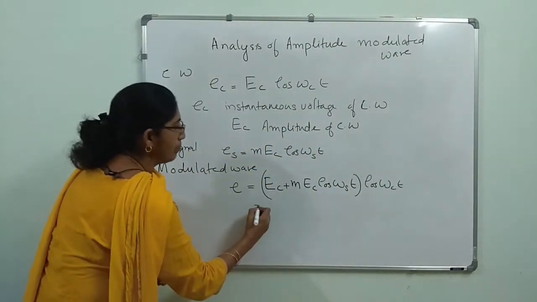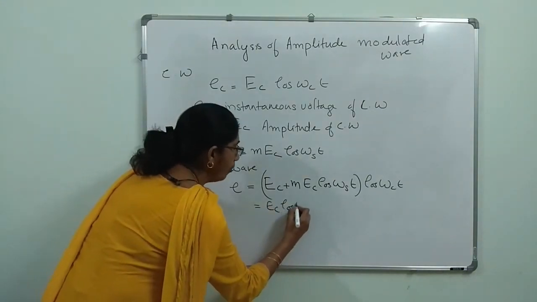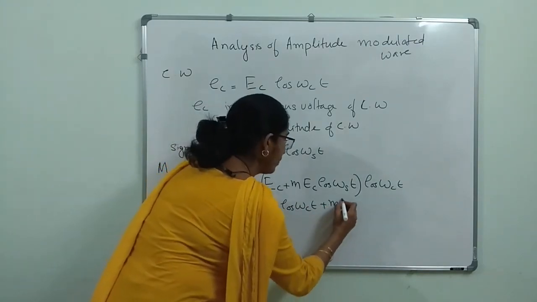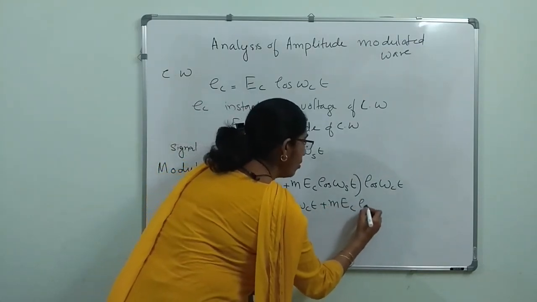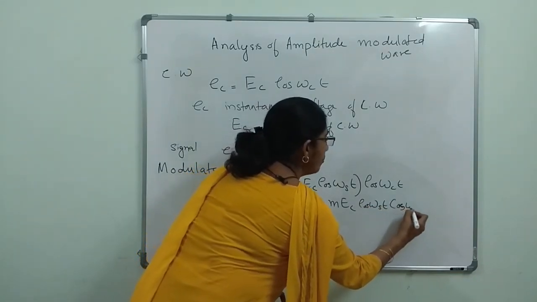So this becomes equal to EC cos omega CT plus MEC cos omega ST cos omega CT.